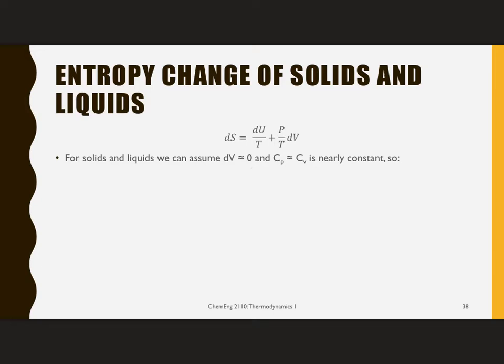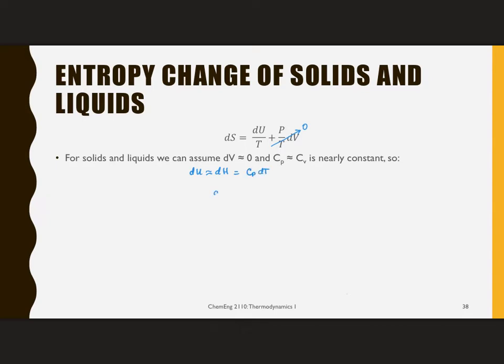The reason this one is nice is that we know that for both solids and liquids, no matter how much additional pressure you apply, the volume change is going to be very small. So comparatively, this term will be essentially zero compared to du over T. Now, the other thing that I know for liquids and for solids is that both du and dh are very close to being equal to each other, and we can define it to be c sub p dT.